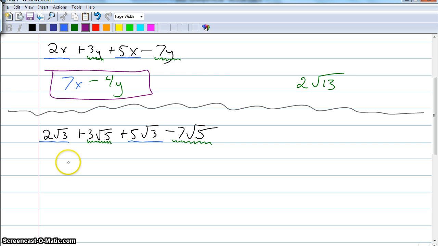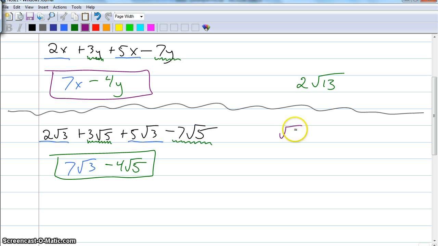So this is going to be 7 root 3. Oh, excuse me, 3 minus 7 root 5 is going to be negative 4 root 5. We're going to add these up the same way that we did before.